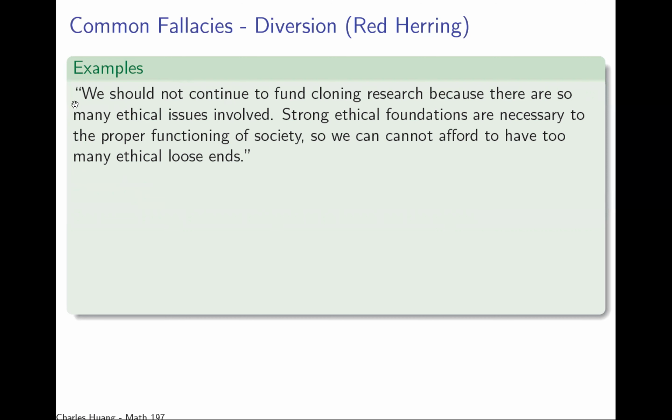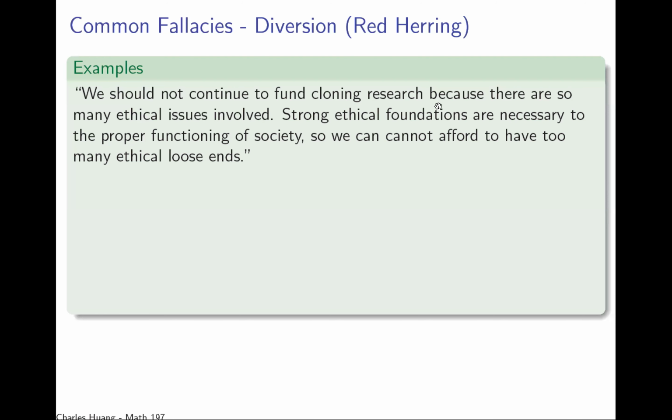Here, in the example argument, the argument says that we should not continue to fund cloning research because there are so many ethical issues involved. Strong ethical foundations are necessary to proper functioning of society, so we cannot afford to have too many ethical loose ends.